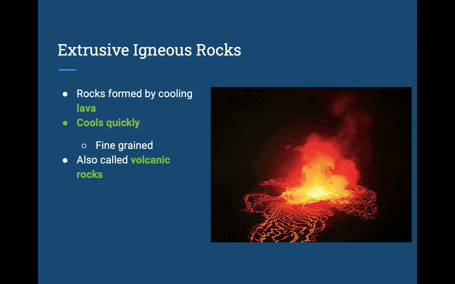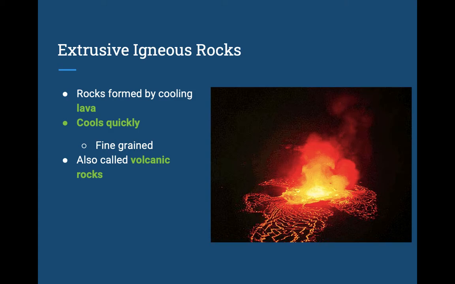So that's intrusive. Now, the other type of igneous rock is an extrusive igneous rock. And these are rocks that are formed by cooling lava, right? So where we now have molten rock on the surface, it cools, and it cools quickly because it's much cooler up here on the surface compared to miles beneath our feet down in the earth.